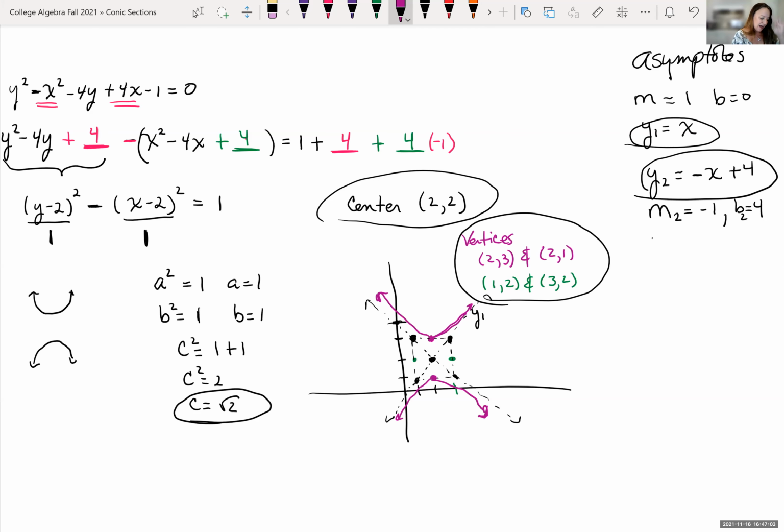We didn't look at the foci. If we wanted to find the foci, all we're doing is adding and subtracting root 2 from our center. And so our foci, from our center, we would have 2 comma, and then we'll have 2 plus or minus root 2 in here.